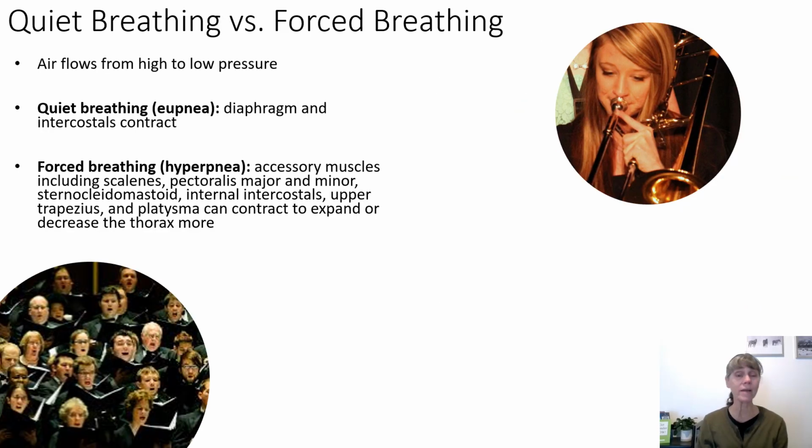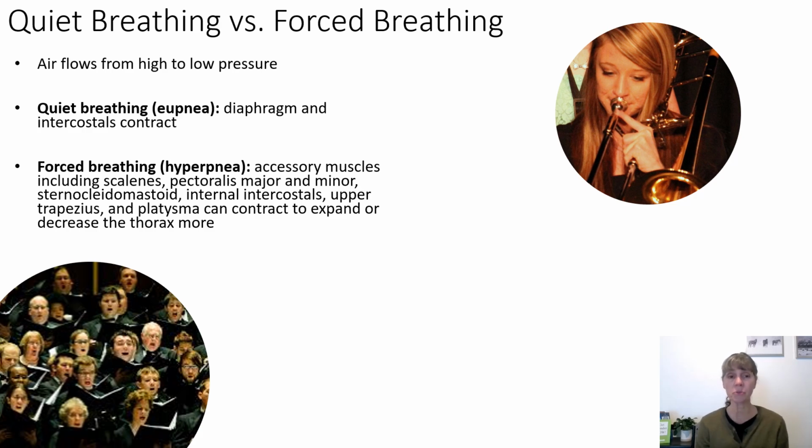When it comes to quiet breathing, which is normal breathing, versus forced breathing, remember, air always flows from high to low pressure. Quiet breathing, or normal breathing, is known as eupnea, and the diaphragm and external intercostals will contract to increase the volume within the thoracic cavity.